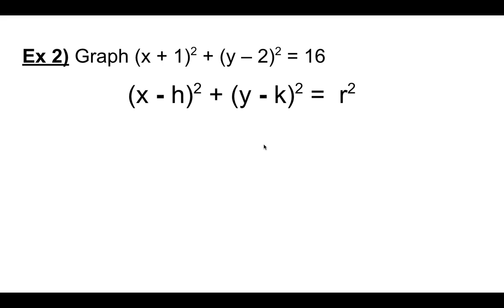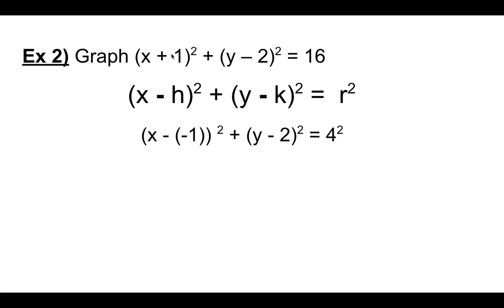So the first thing I'm going to do is rewrite this equation using the minus signs in between my x and my h value, and then my y and my k value. For this first one, it's the quantity of x plus 1 squared. And in the general equation, it's the quantity of x minus h squared.